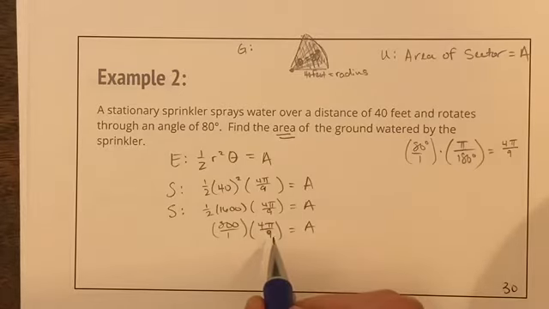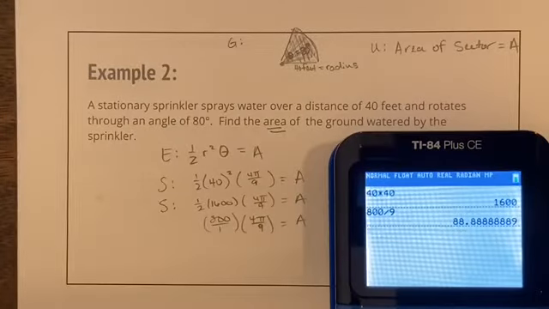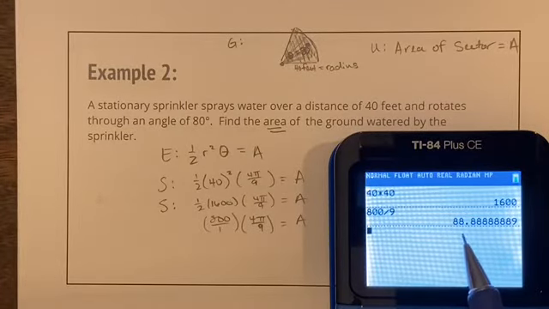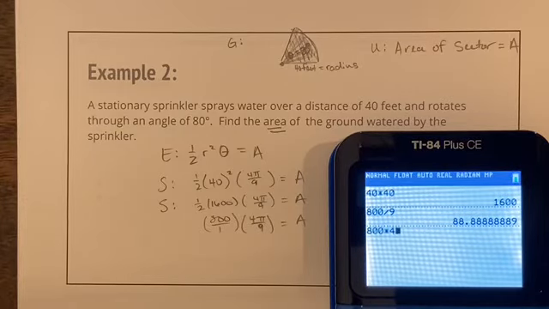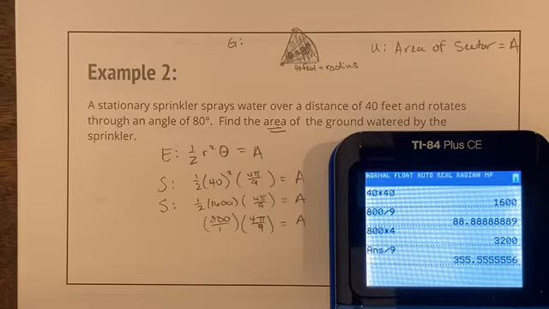So let's see, does that reduce any further? Well, a quick and easy way to do that, if it doesn't reduce, is to see how many times it goes in. So we'd have 800 times 4, divided by 9. So we get 355.5 repeating. In order to write that as a mixed number, we can tell the calculator to do that.